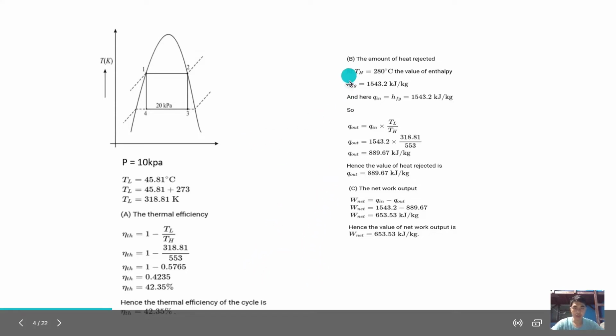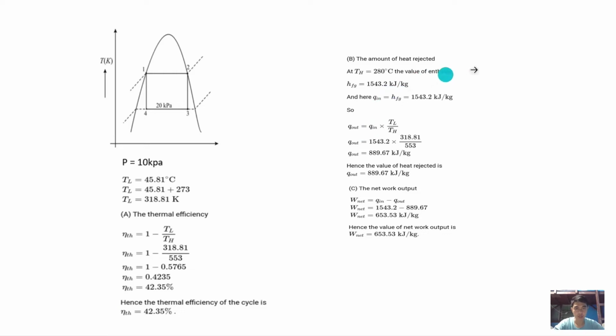Now part B, the amount of heat rejection, which happens from 3 to 4 in the condenser. The T-high is equal to 280 Celsius.